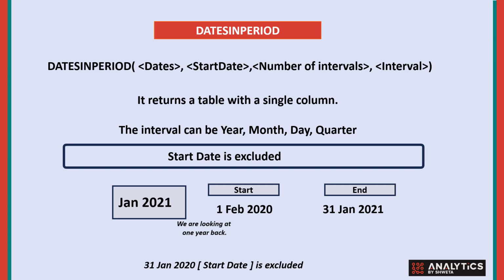If you remember, in DatesBetween, we had a similar case where we were looking at 1 year behind. But in that case, the start date was 31st Jan 2020 to 31st January 2021. But here, the start date is 1st February 2020. 31st Jan 2020 gets excluded from the report. We will get a better understanding once we look at Power BI.